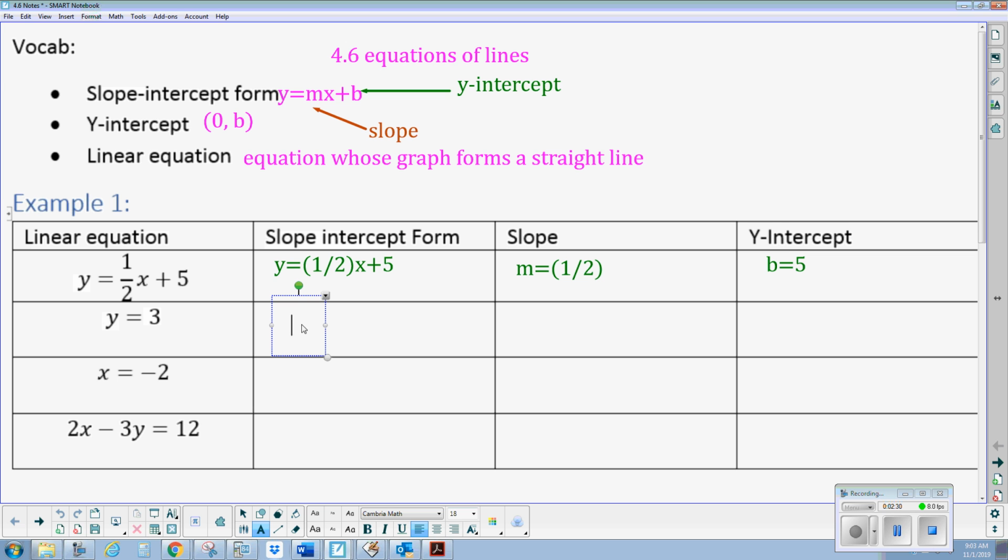In the second one, if you think of what is happening on this graph, there is nothing being multiplied by x, or it's 0 times x plus 3. So it doesn't matter what x is, our y is always going to be 3. So this is a horizontal line, and therefore, since it's a horizontal line, the slope is equal to 0.